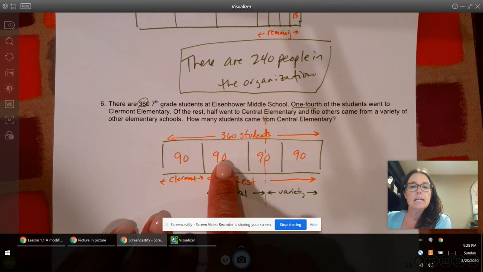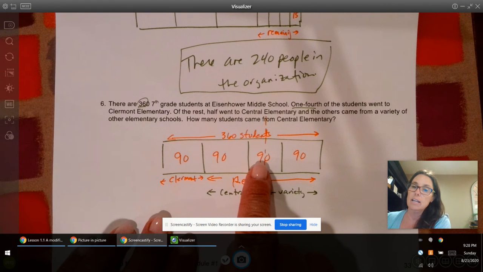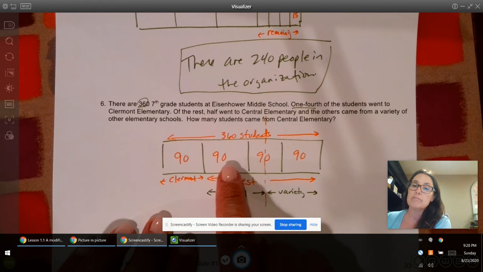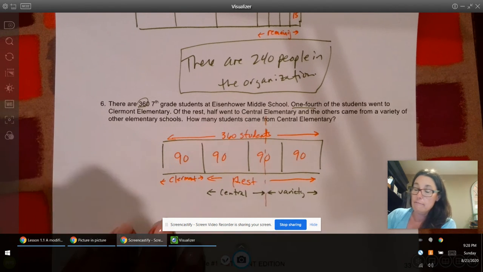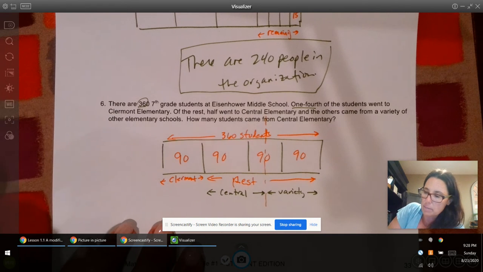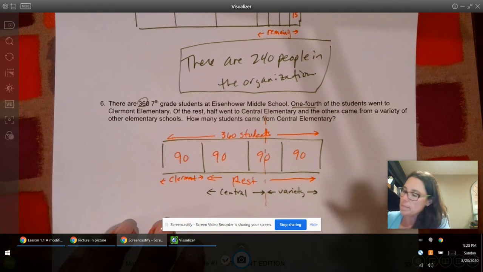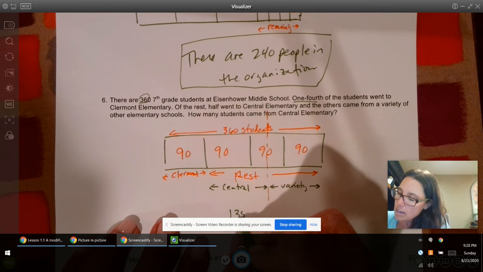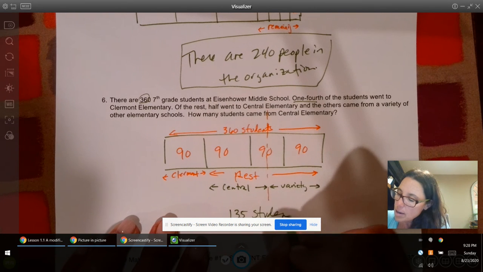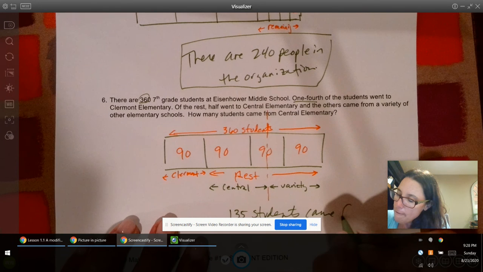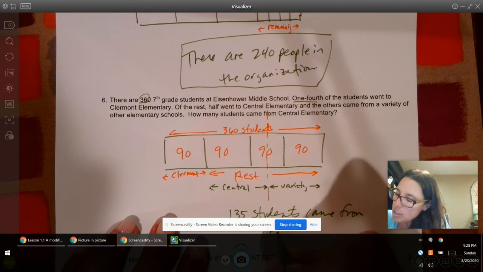This 90, and then half of that 90. So 45 plus 90. I can't divide by 2. So 135 students came from Central.